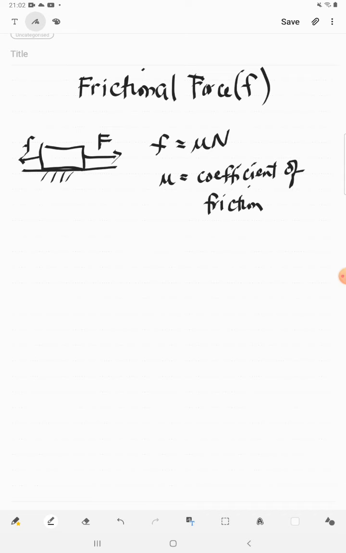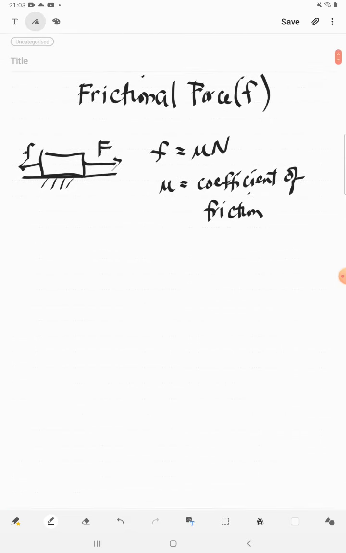So when mu is 0, that means there is no friction. When mu is 0.5, that means the frictional force equals half the normal force. And when mu is equal to 1, that means frictional force equals the normal force.